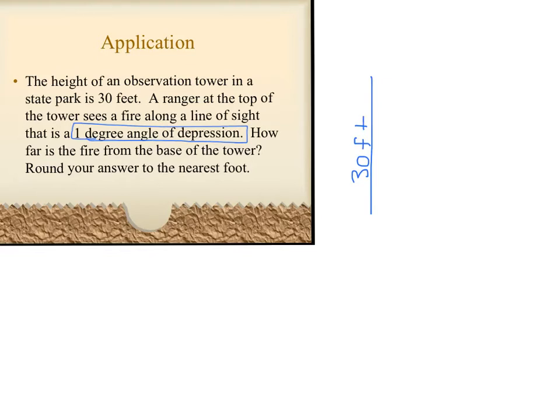A ranger at the top of the tower sees a fire. Okay, that's supposed to be fire. So the ranger sees the fire, looking down. There's a horizontal distance from the base of the tower to the fire, and that's what we want to know.